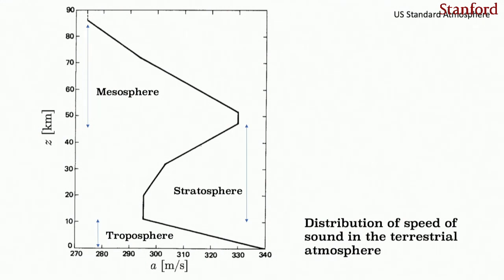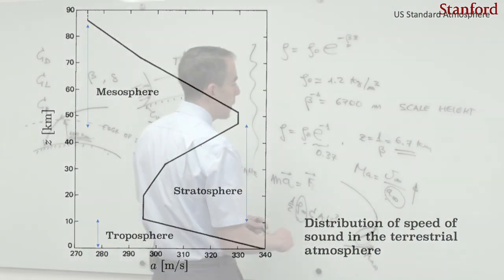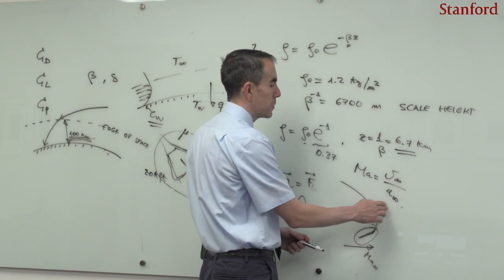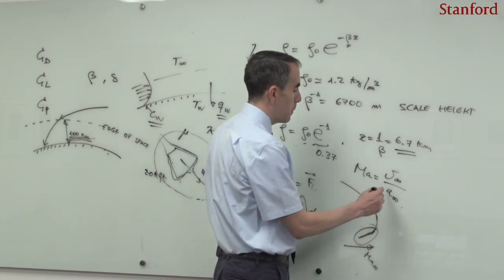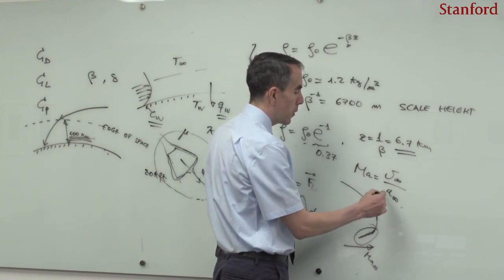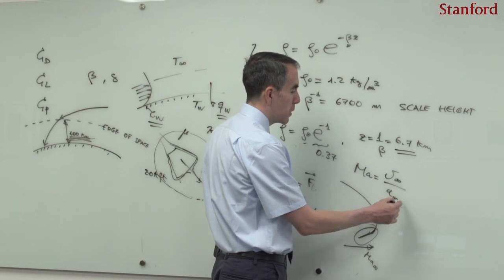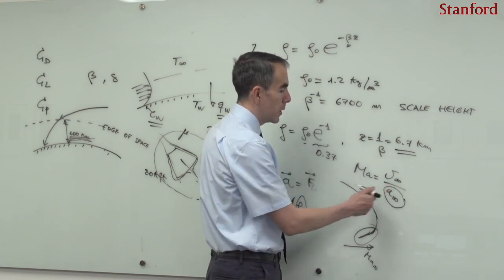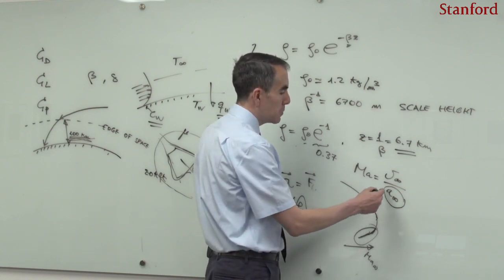So in other words, it sees variations of the speed of sound of the order of 30 meters per second across that entire layer. So if one goes back to the definition of the Mach number, one question is always, well, the Mach number also has variations that are due to the variations in the speed of sound. Yes, there are variations of the speed of sound across the atmosphere, but these variations are not that large.